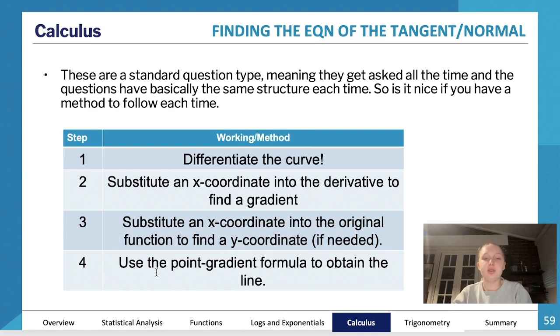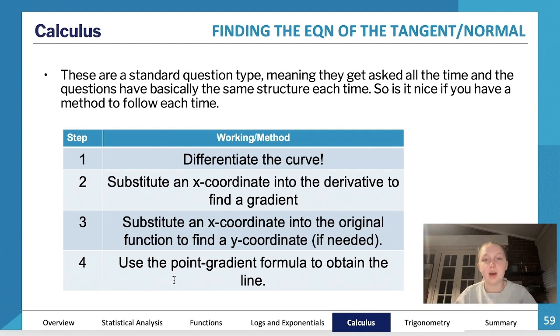And then all you need to do is use the point gradient formula to obtain the equation of the line. So if you guys don't know what the point gradient formula is, it's the formula where you do y minus y1 equals m in brackets x minus x1, close the bracket.